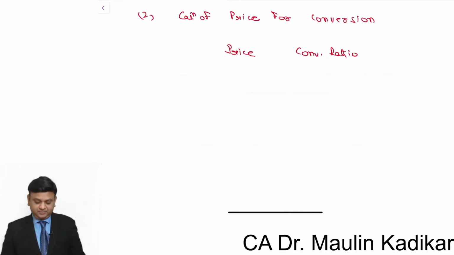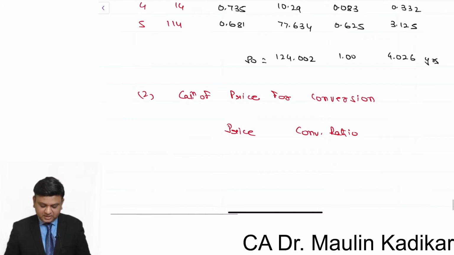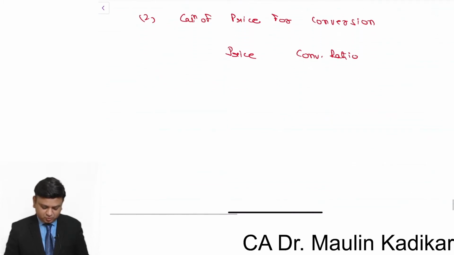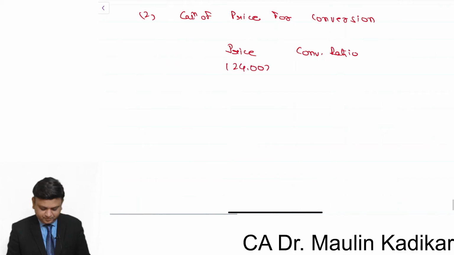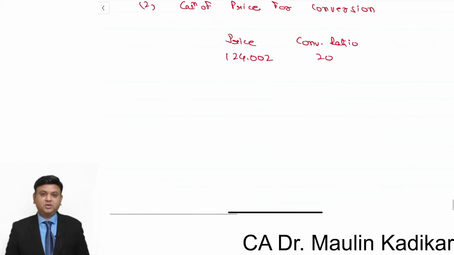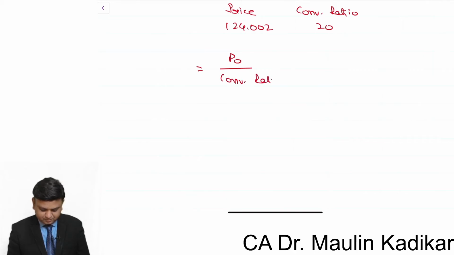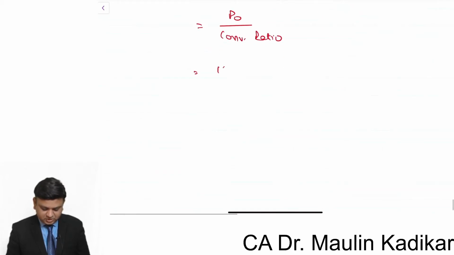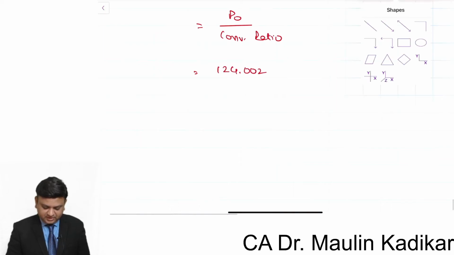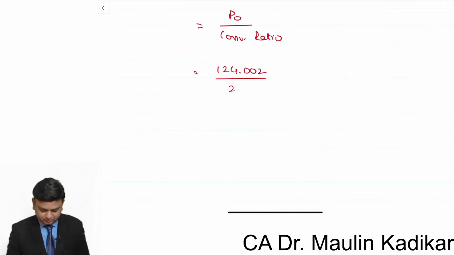The current price of the security is 124.002 and the conversion ratio is 20. So the market price of the equity share at which you are indifferent to conversion is P0 divided by the conversion ratio. So it is 124.002 divided by 20, which gives 6.20.